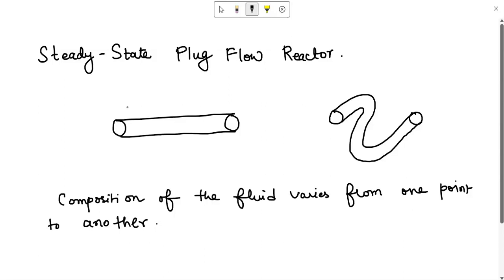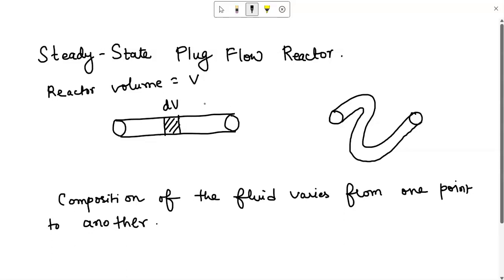If this entire reactor's volume is V, let me write here that the reactor volume is V. So we will take a differential element, let's say this section, let's call it dV, across which we are going to set up the performance equation.